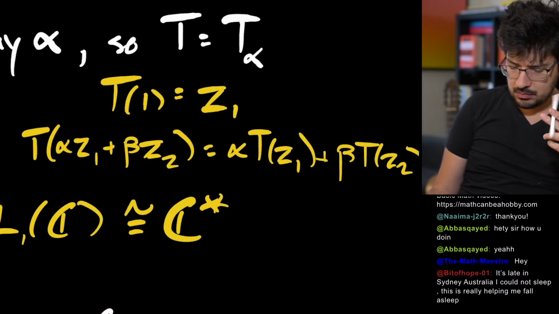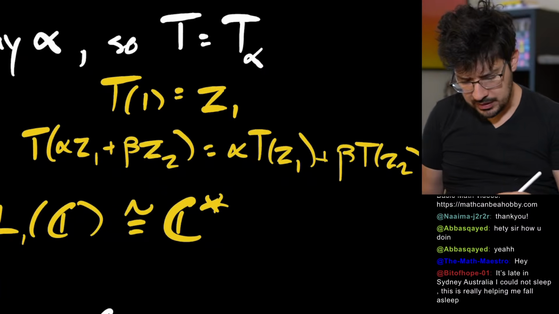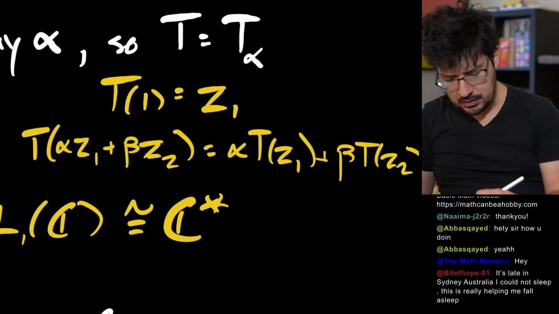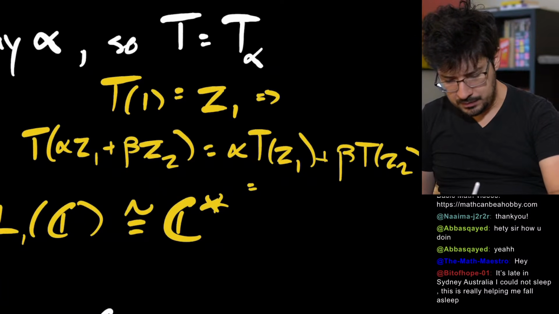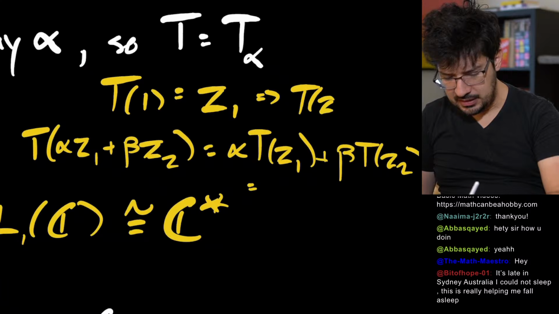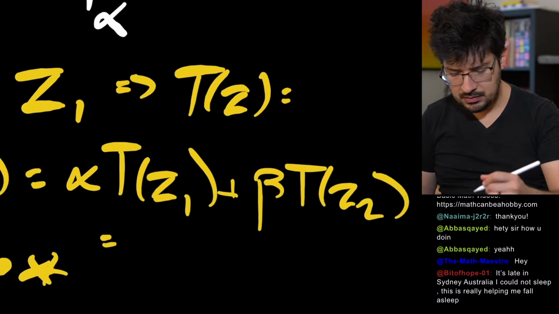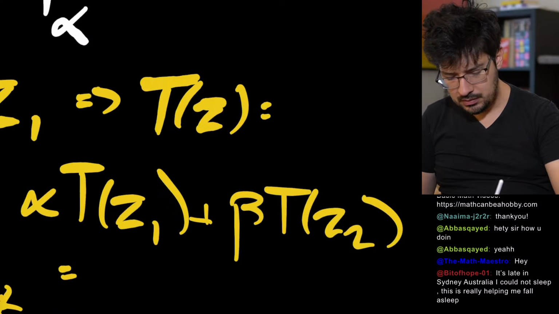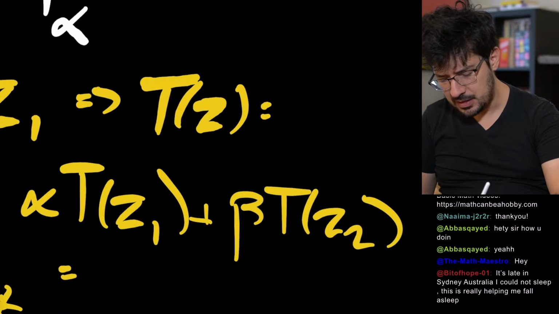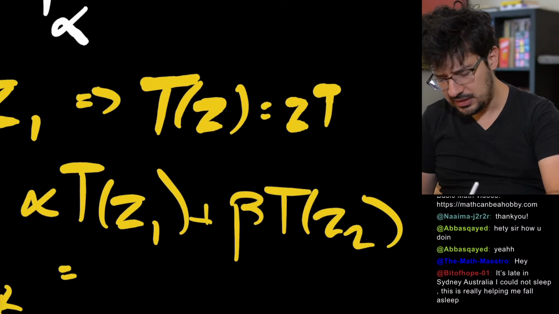So therefore, T of any z, if we are working over complex, the vector space being the complex numbers and the scalars being the complex numbers, I can factor out z.